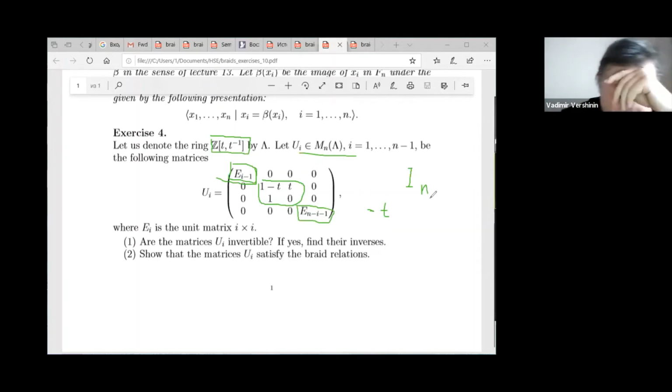I'm sorry, I'm in a hurry. I want to say about Jones polynomial. Sorry. Yes, you're right. Minus t. It's an excellent idea. So how should we now construct the inverse? Actually, we need to construct a block for this. So we shall divide by minus t. Natalia, can you write down the inverse for this block 1 minus t, t, 1, 0?